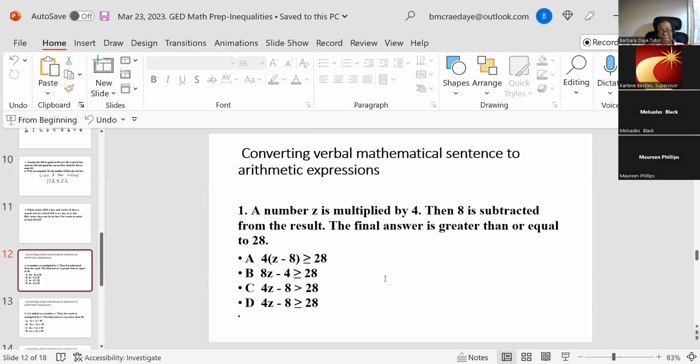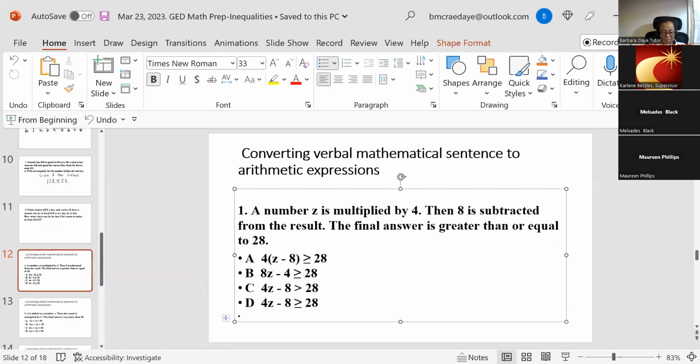Greater than or equal, right? Got it? Answer D. So, Mercedes, did you get that? Your answer is what, miss? D. The number that multiplies Z is 32, miss.